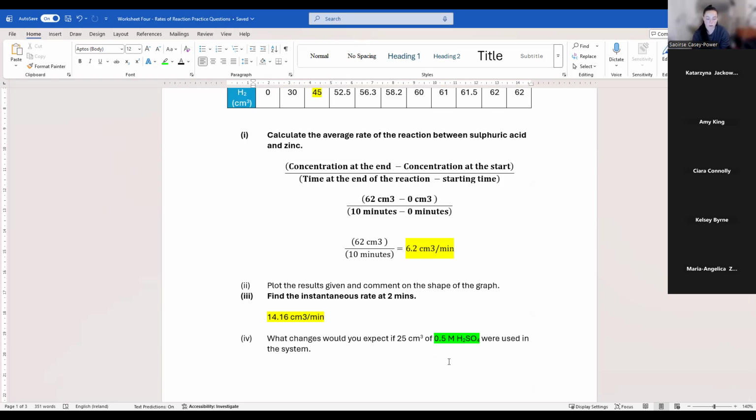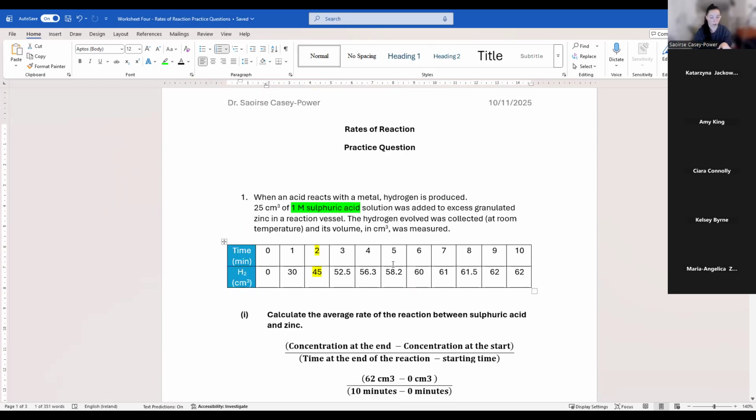You wouldn't get as much product. Yeah, absolutely. You wouldn't get as much product, and the rate of the reaction would actually slow down, because our sulfuric acid is the reactant in that case. If we did this experiment with 1 molar sulfuric acid, we have a much more concentrated solution, so we have a lot more reactant there in order to react.